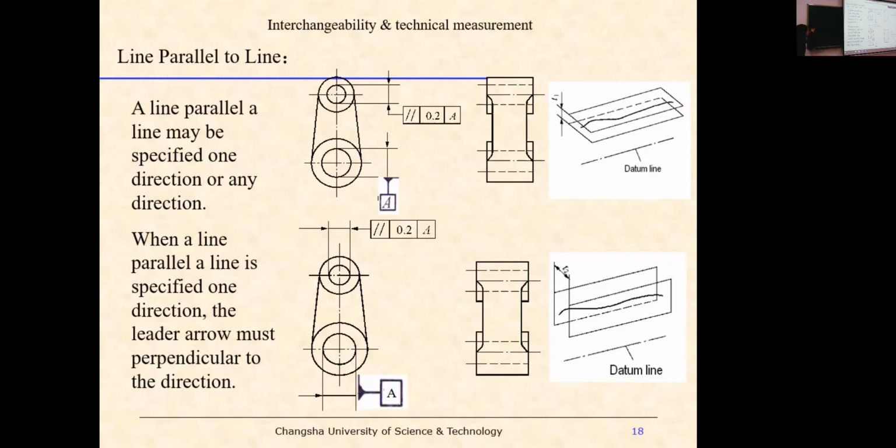So like this picture, I think we need to add a 5, right? Because in here, there is no direction.